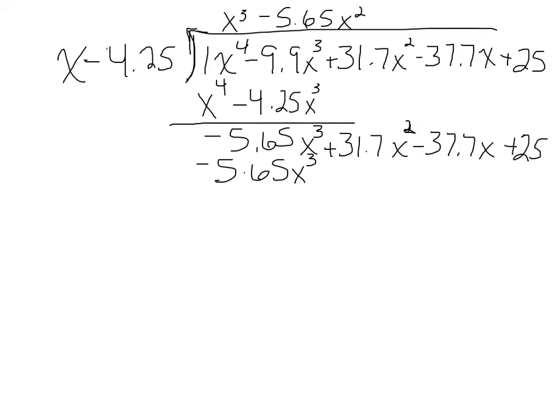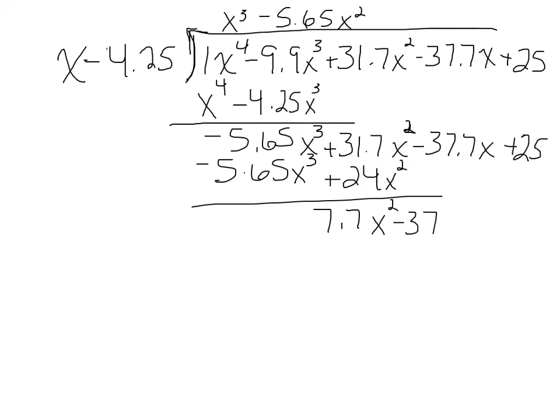Negative 5.65 times a negative 4 1/4 is basically 24x^2. Multiply, draw your line, subtract. 31.7 minus 24 is 7.7x^2 minus 37.7x plus 25.